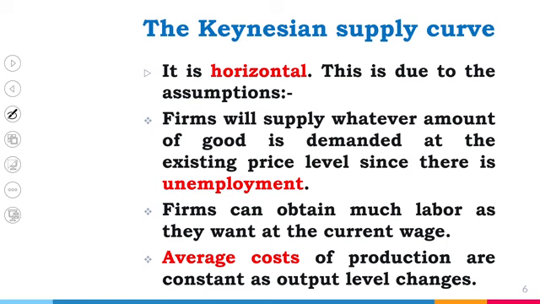So firms can obtain as much labor as they need at the ongoing nominal wage rate. The average cost of production is constant as output level changes. The average cost of production is the total cost per unit of output produced, and hence there is constant average cost according to the Keynesian supply curve.